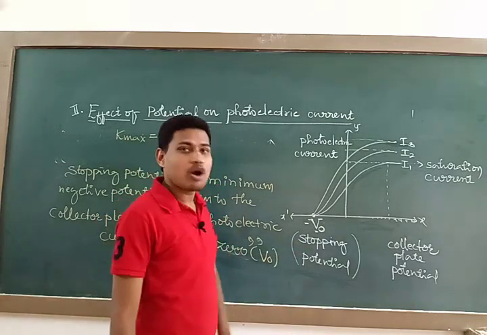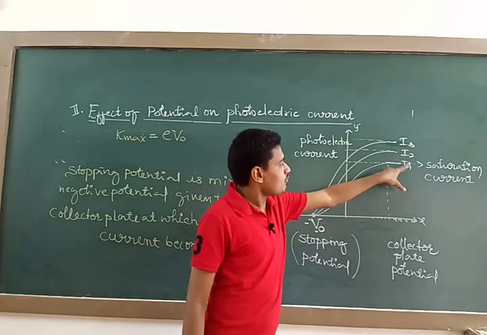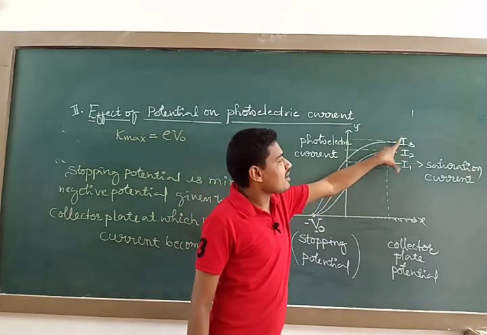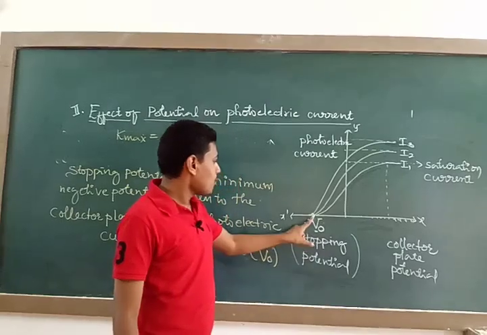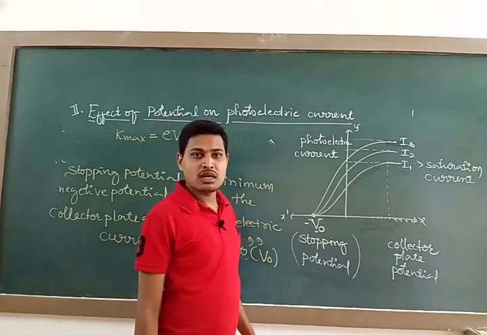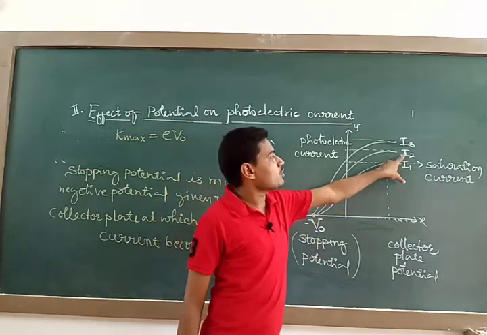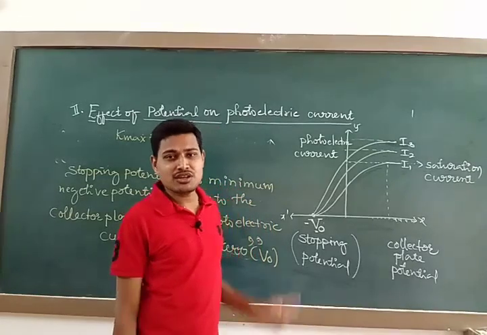But another common observation is there. Though I am increasing the intensity from I1 and taking higher intensities I2 and I3, the stopping potential is the same as it was for I1. So it means stopping potential does not depend upon the intensity of the incident radiation.